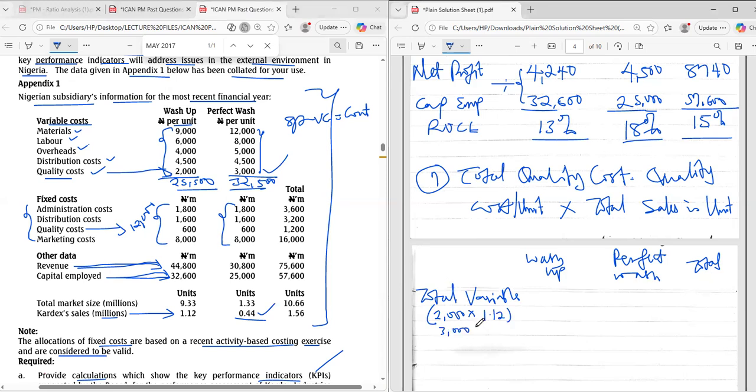The first one, 2,000 times 1.12, is 2,240. Then 3,000 times 0.44 gives us 1,320.